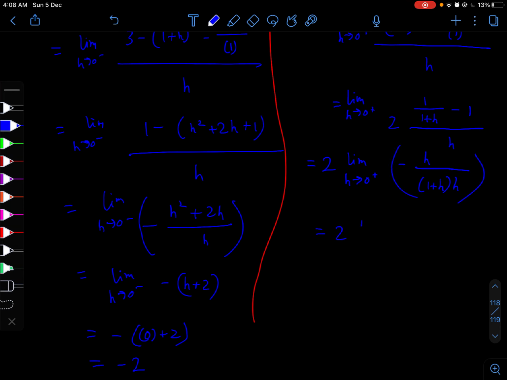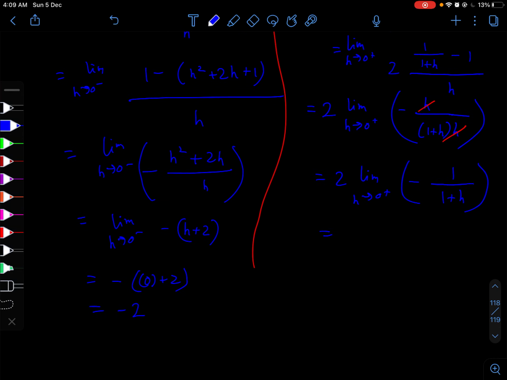So which is equal to 2 times the limit. Now h is not actually 0, even though later we're going to substitute it as 0. So here we can cancel the h's, and we'd end up with this.